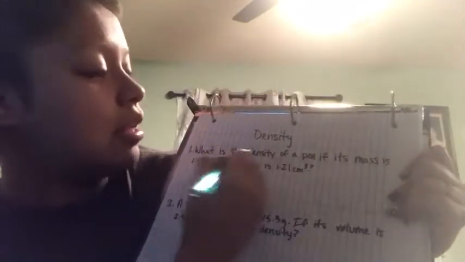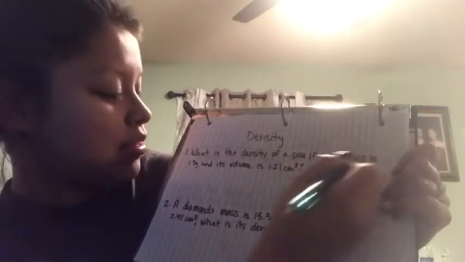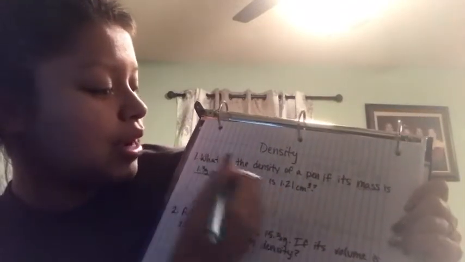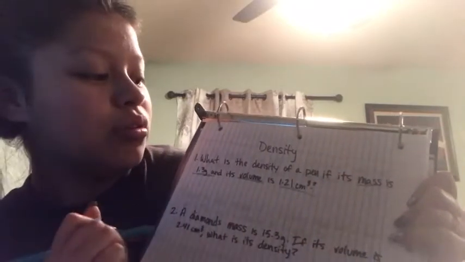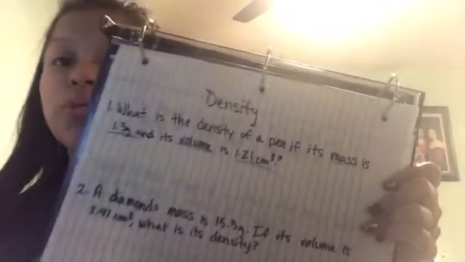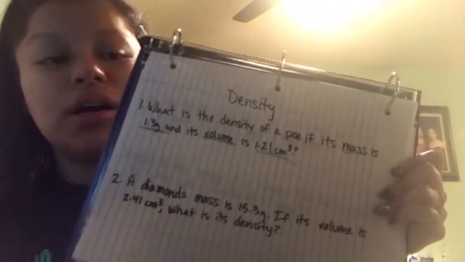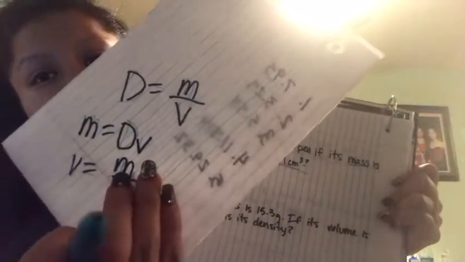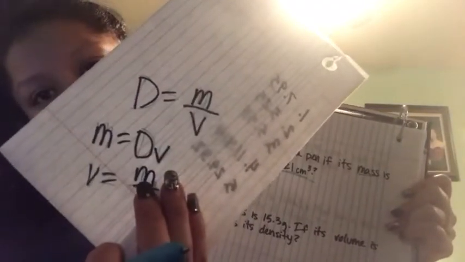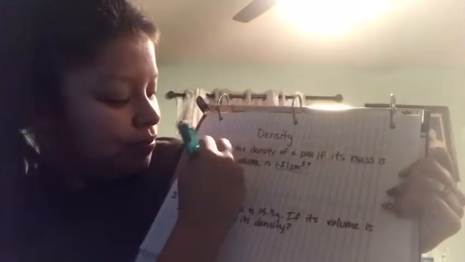So we already have the mass, which is 1.3 grams, and the volume, which is 1.21 centimeters cubed. Going back to this, we need to find the density. So let's write out D equals M over V.